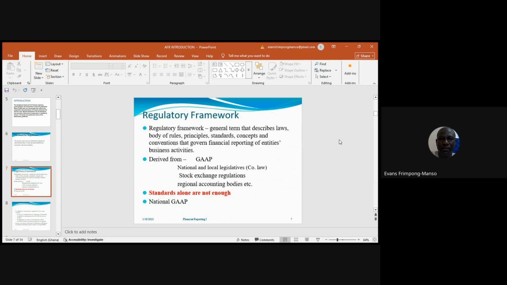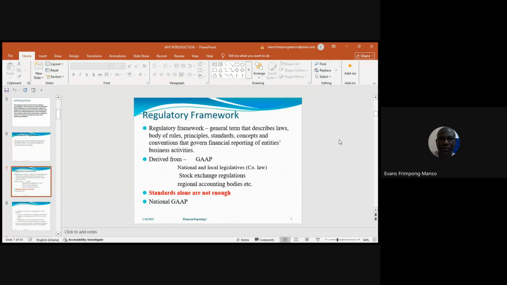So more technically, the regulatory framework is a general term that describes the laws, body of rules, principles, standards, concepts, and conventions that govern financial reporting of entities' business activities.